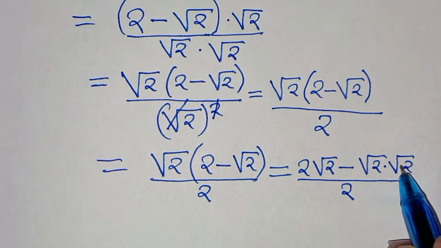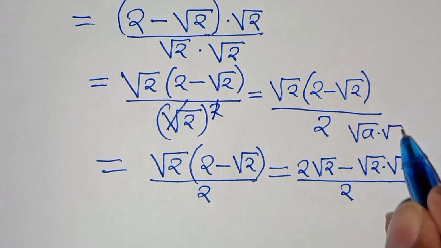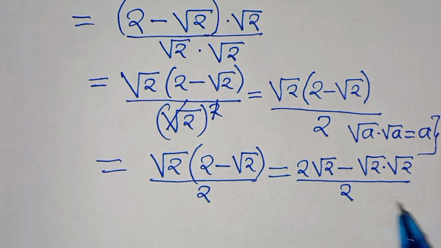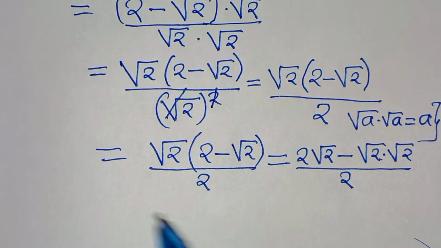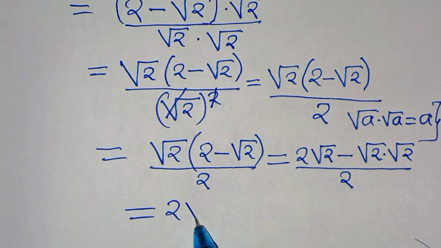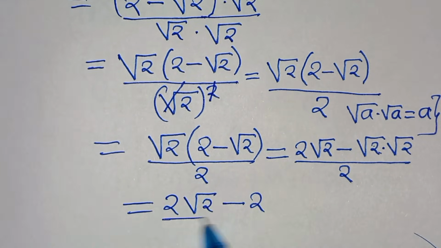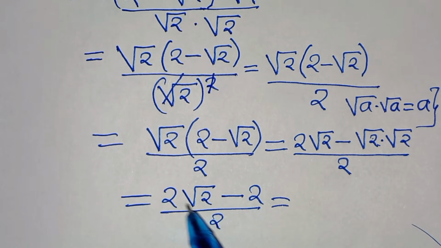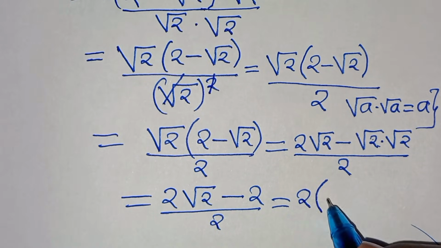Now root 2 times root 2 is in the form of root a times root a, which is equal to a. So root 2 times root 2 is equal to 2. So we have 2 root 2 minus 2, then divided by 2. In the numerator, 2 is common, so we can factor out 2 into the parenthesis.